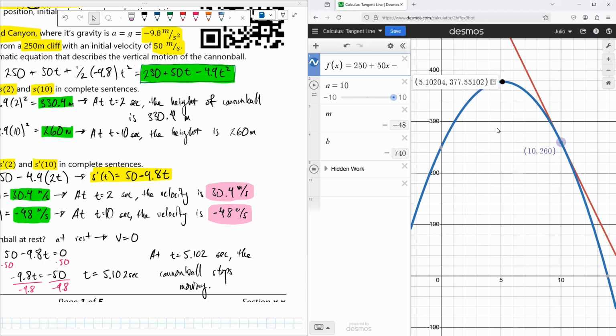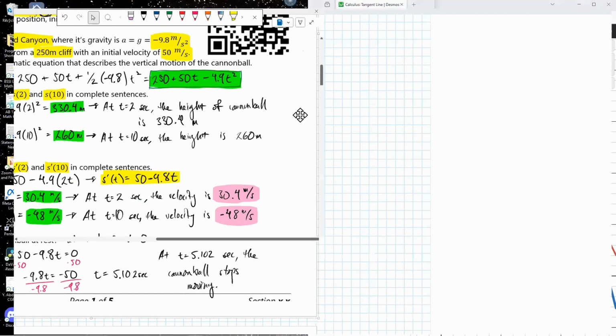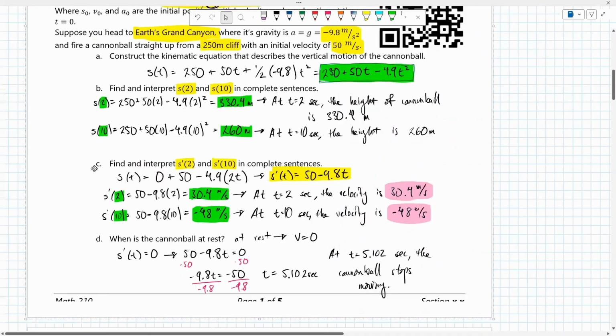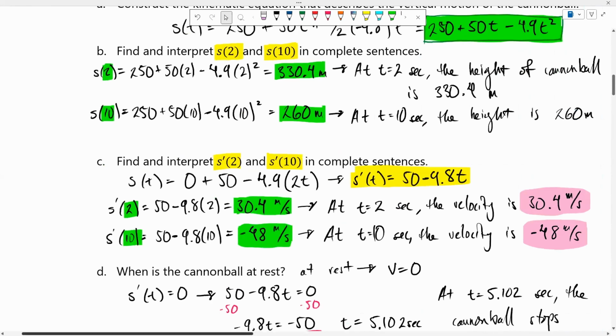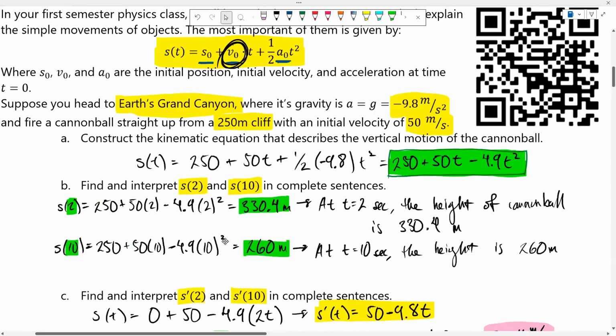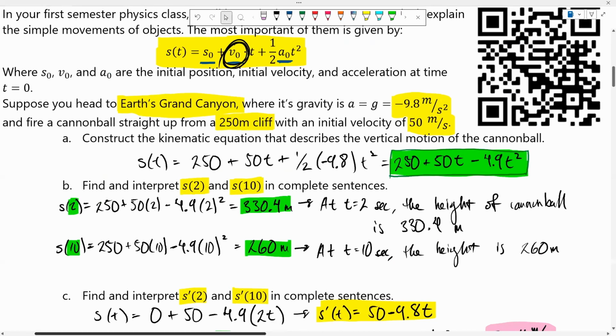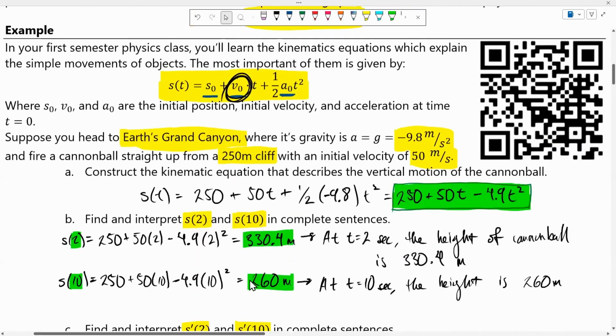Okay? Now, let me maximize our notes again. There we go. Hopefully you see how useful this is. This is really the power of calculus. Using a particular function, we can now determine the behavior, in terms of rates of change, of that thing, whatever it might be, if we're given its particular initial function.